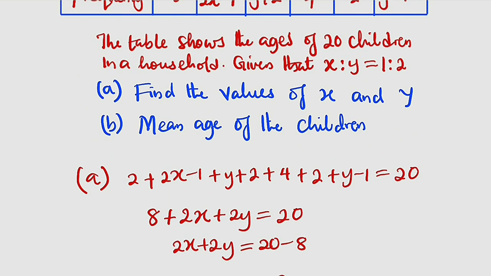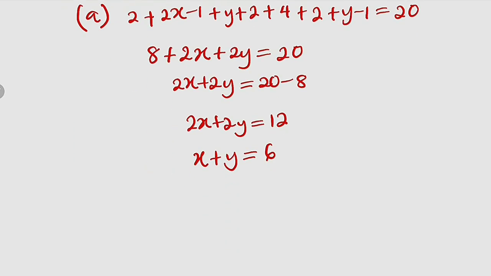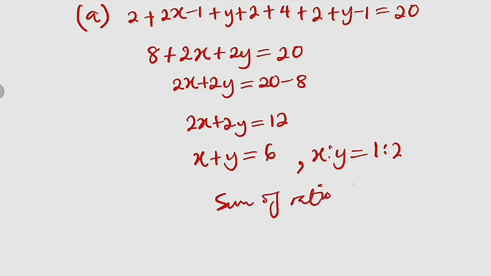Let's come back here. But we are given the ratio as 1 to 2. Let me bring it down here. The ratio is 1 to 2. So how can we find the values of x and y? Let us add the ratios together. The sum of ratios equals 3, because the moment you add this, you're going to get 3.